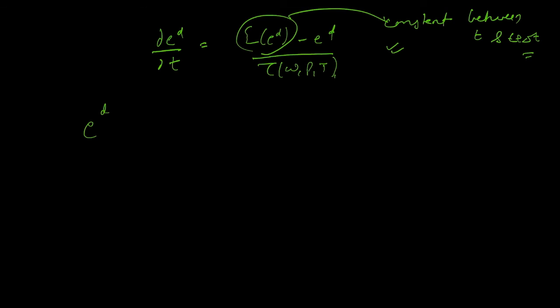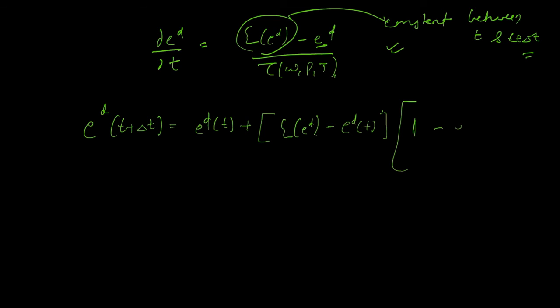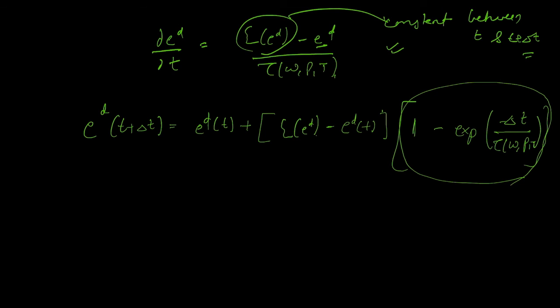After integration, this E_D would come below, there would be a logarithmic term, and dt would go there. So E_D at the next time t plus delta t would be E_D at time t plus this L of E_D, which we have assumed to be constant within this time interval, and then there would be this 1 minus exponential of minus delta t divided by tau of omega, p, T. So exactly that's where this probability comes from.